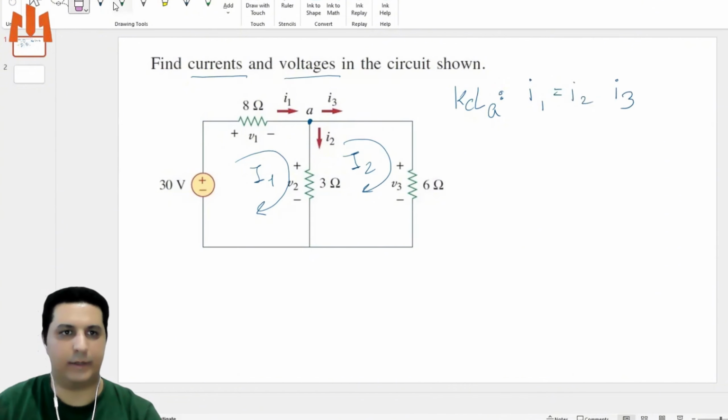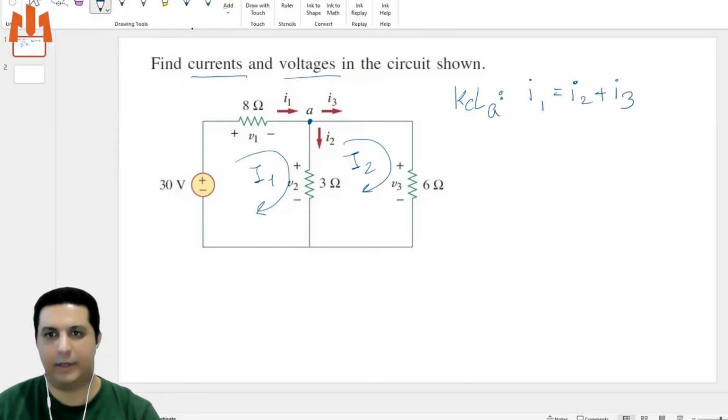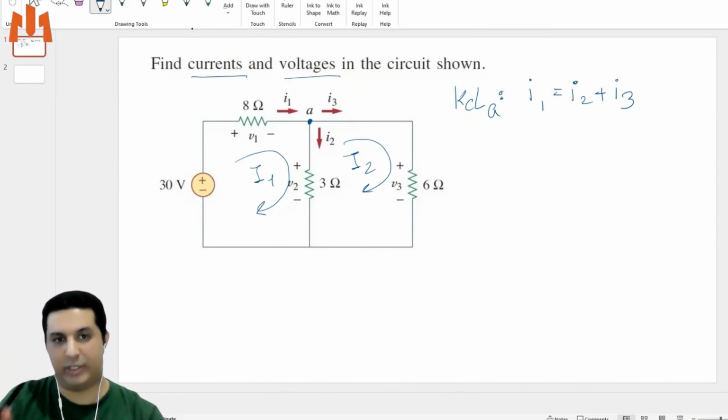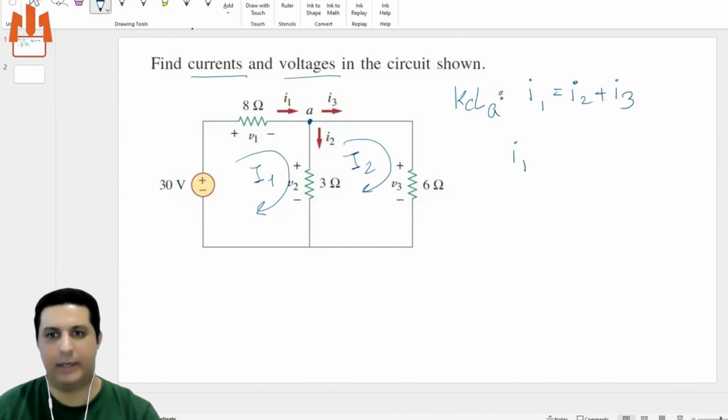Wait a minute, let me correct it here. When you look at this, the imaginary current I1 is equal to this I1 with capital I. I3 and I2 are the same, and I2 is I1 minus I3.